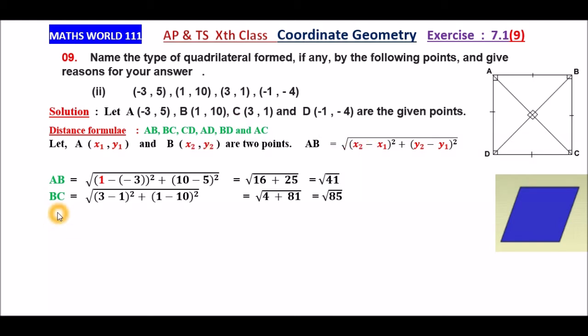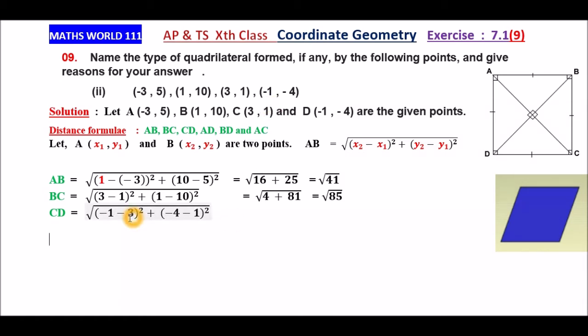CD is equal to the square root of (x2 minus x1) whole square plus (y2 minus y1) whole square.